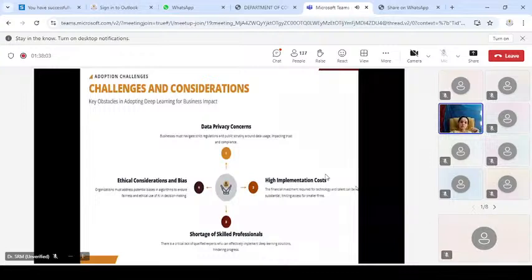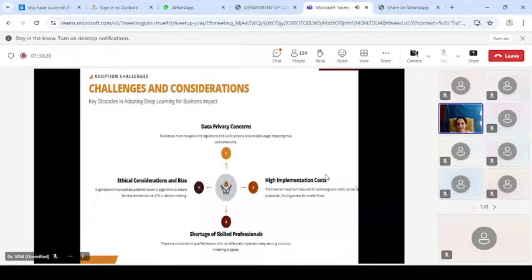And lastly, there is also a shortage of skilled professionals who are talented in DL and AI. Say, for instance, even big companies, larger corporations like IBM and Nvidia, have highlighted the difficulties in finding qualified data scientists and ML engineers, machine learning engineers.